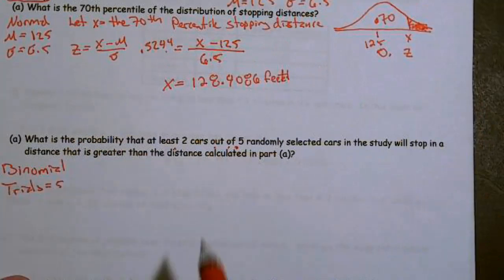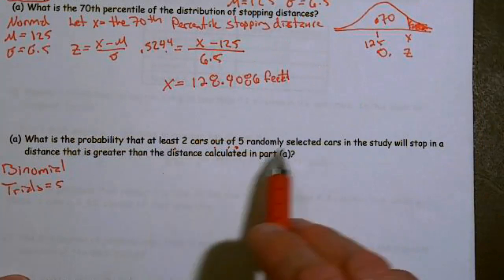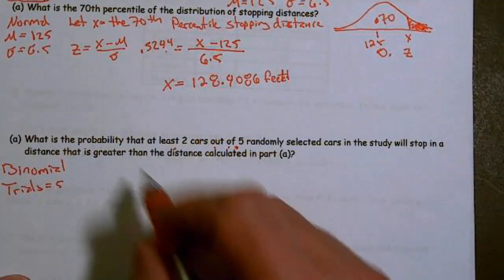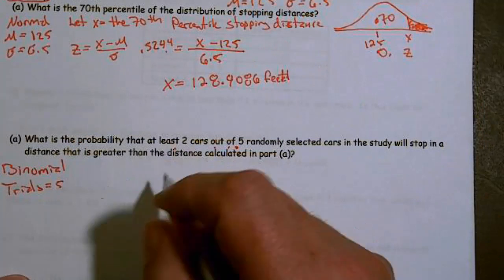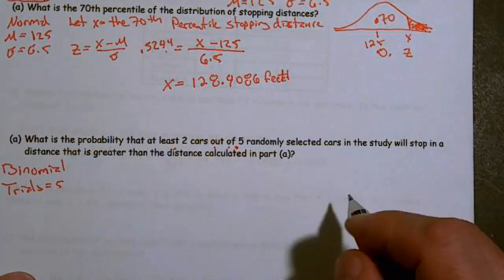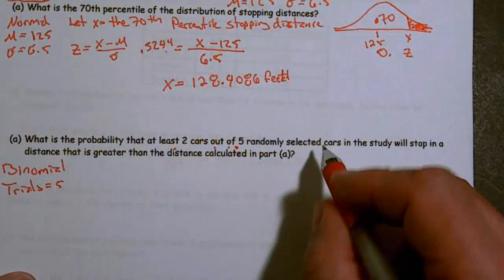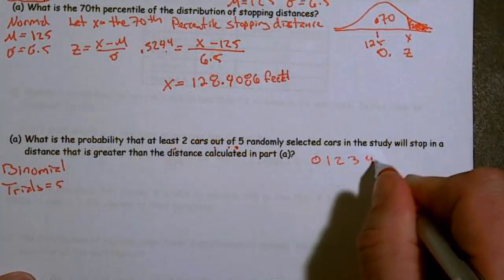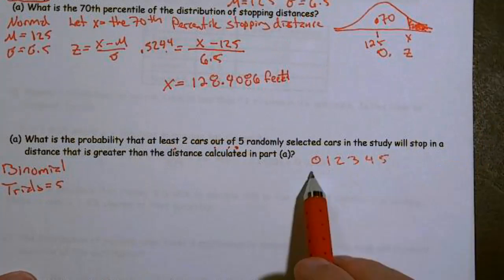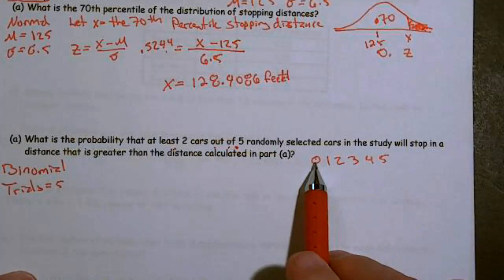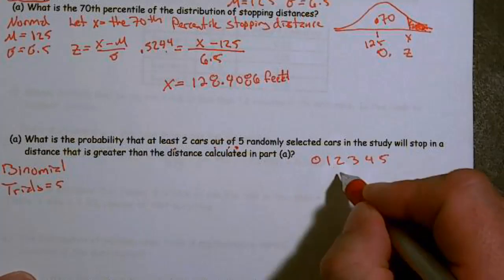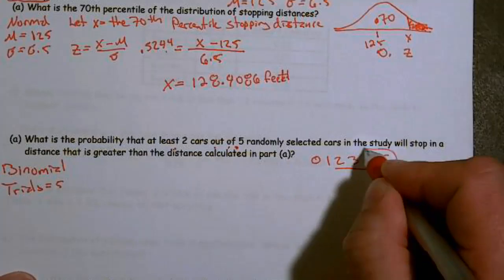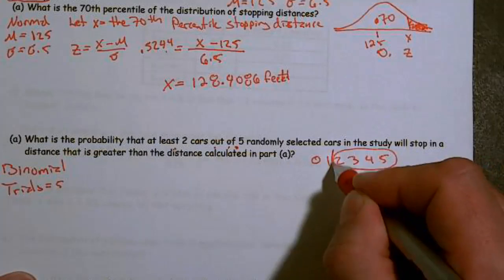What I'm looking for is the probability that we're going to stop in a distance greater than what was above. I have 0, 1, 2, 3, 4, 5 cars because binomials always start at 0, and at least 2 cars means I'm looking for this group right here.